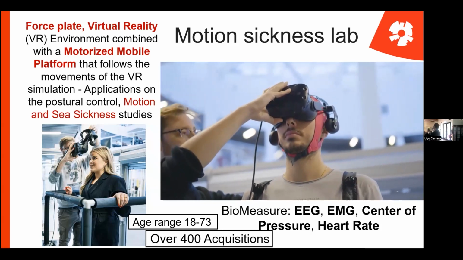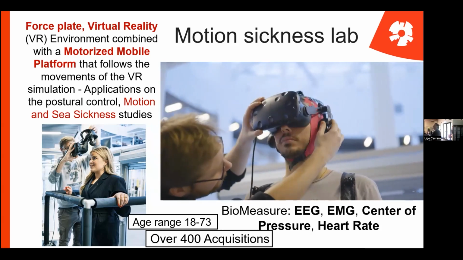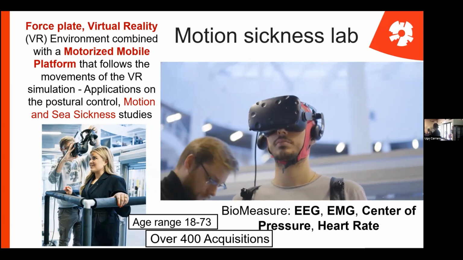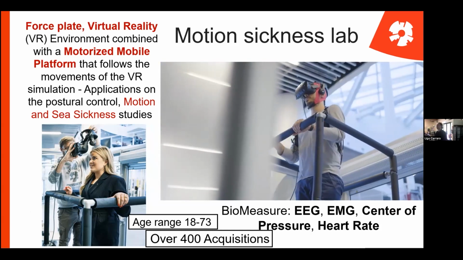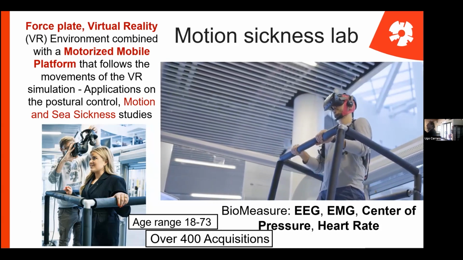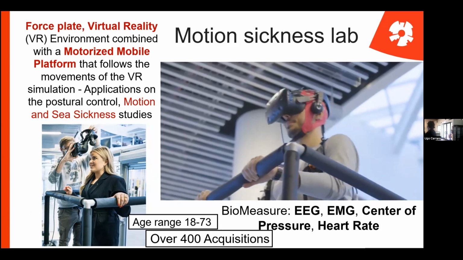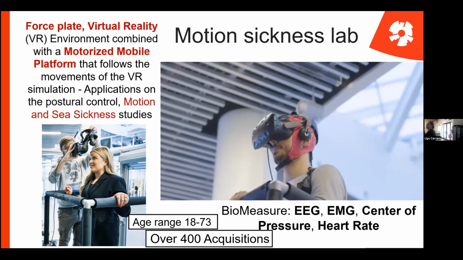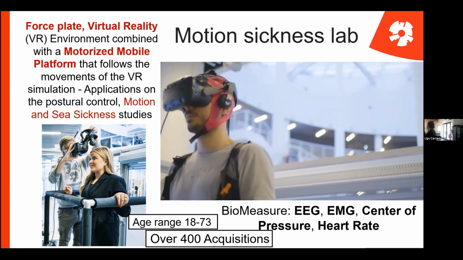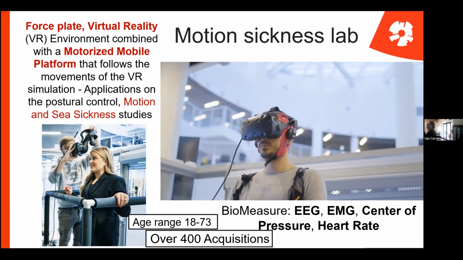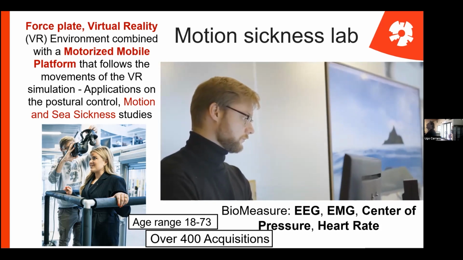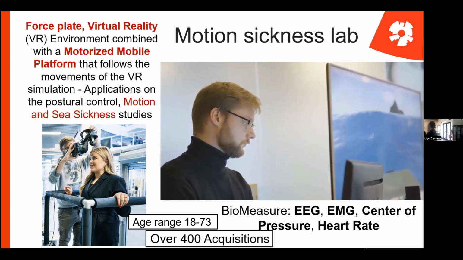And to get to the current setup, this is our very new and innovative setup. It's a moving platform, and this moving platform is combined with a virtual reality experience. So the person that is measured looks at a boat in movement, and the wave intensity and frequency are synchronized with the platform.